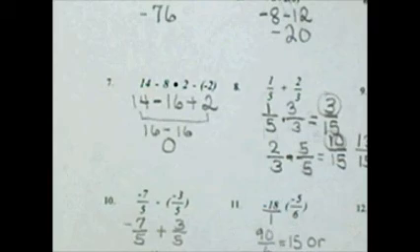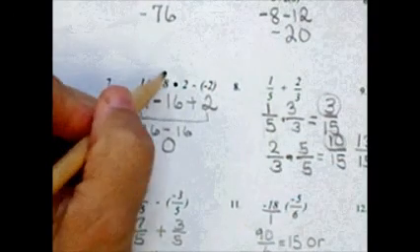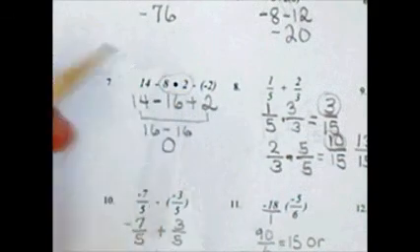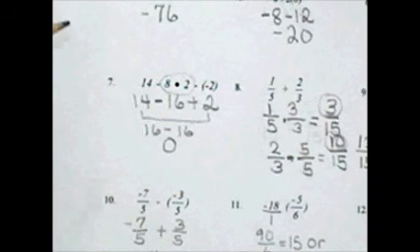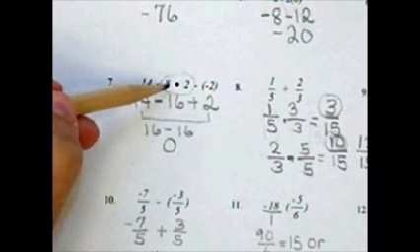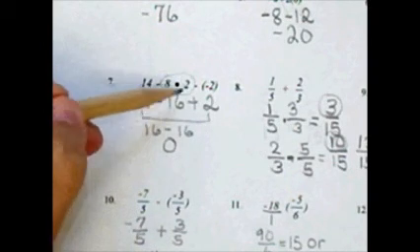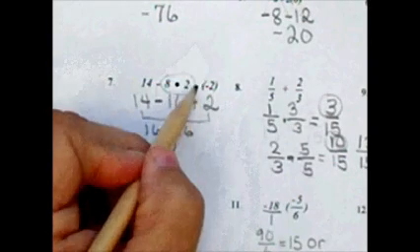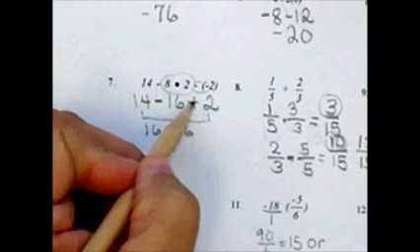Okay, in this one, I have this multiplication piece in the middle of the problem, so I'm going to do that first. So I bring my 14 down, my negative sign down. 8 times 2 is 16, and then I deal with these two negatives here, which make a positive.